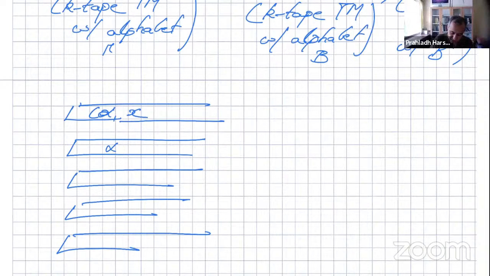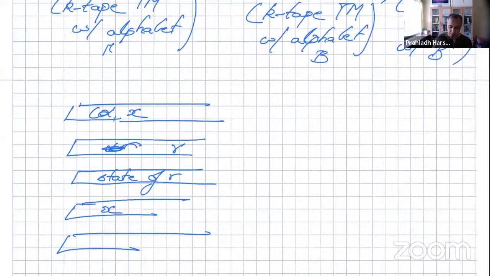First, it does some transformation and converts this alpha into a gamma. That's the first thing it does. Then it has the description of gamma in one tape. It's going to write the start state of gamma in this tape and then copy the input x onto this tape.